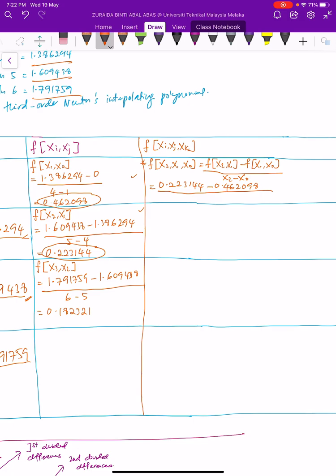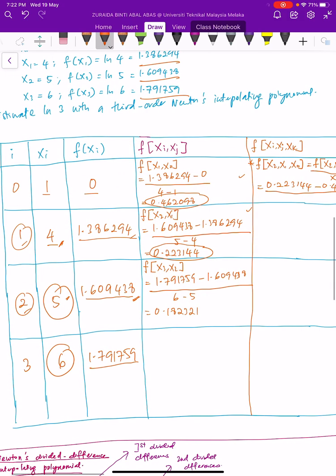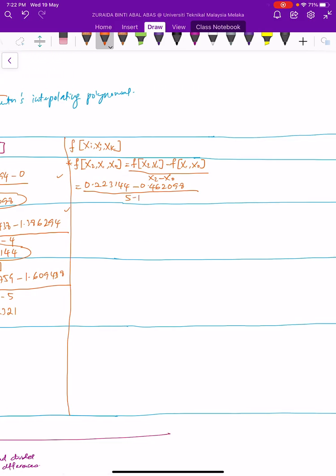Point x2 is 5 and x0 is 1, so 5 minus 1. That will give you minus 0.0597385.